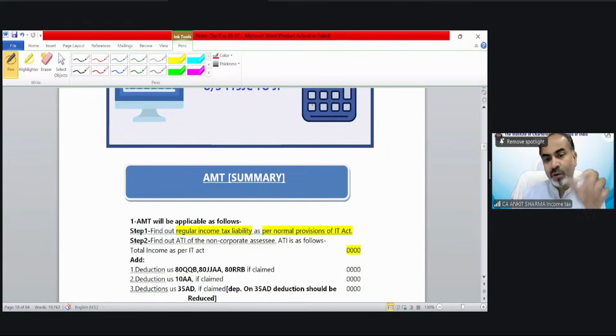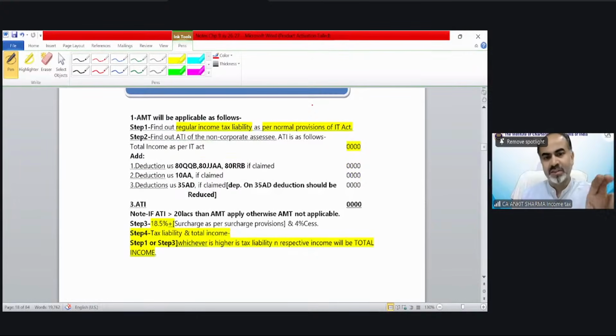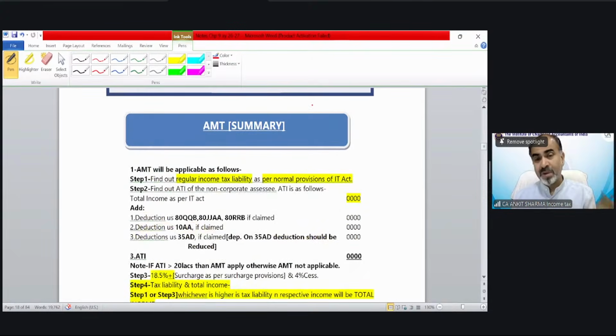The calculation is very specific, with very fixed provisions. You need to add back only these 2 or 3 things, and you need to reduce this thing, that's it. But you will not be able to understand, and you will not be satisfied about why we are discussing the AMT concept, why AMT has been inserted in this calculation of tax.